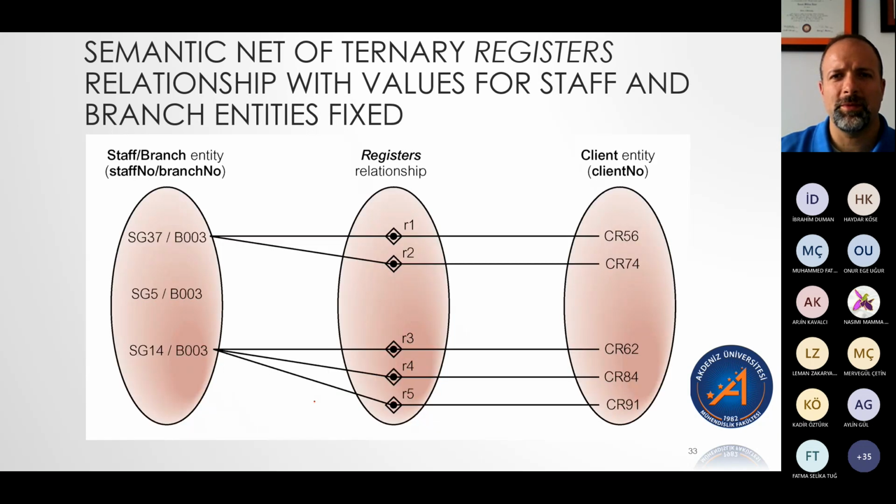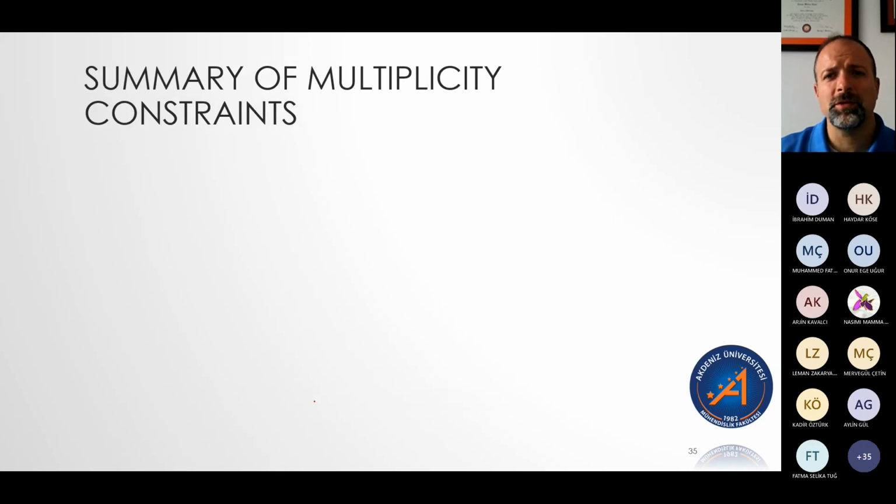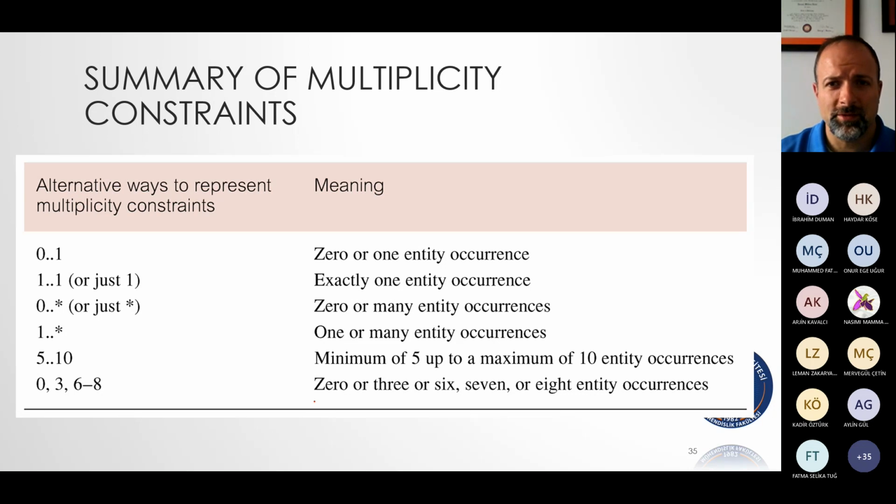I'm going to skip over this ternary thing, but I will do a summary of these multiplicity constraints. 0..1 means 0 or 1 entity occurrence. 1..1, or just the number 1 alone, is exactly 1 entity occurrence. 0..many, or just the star, represents 0 or many occurrences, not required, but it can have more than 1. 1..star is 1 or many.